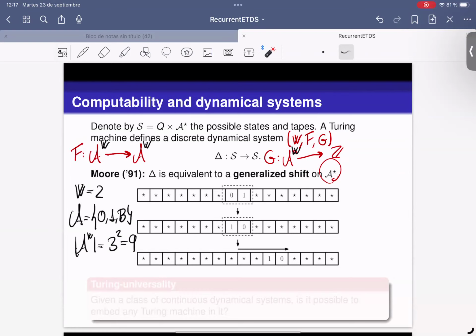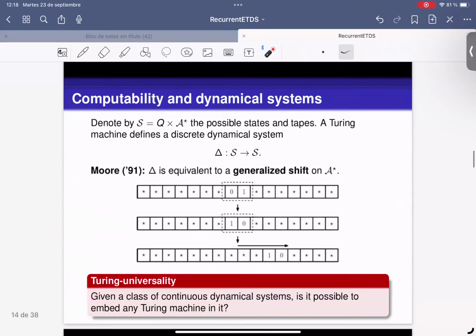And just small questions. Have you taken the function to be surjective, or is it just continuous? When you're defining this, any dynamical system can be embedded into a Turing machine, right?